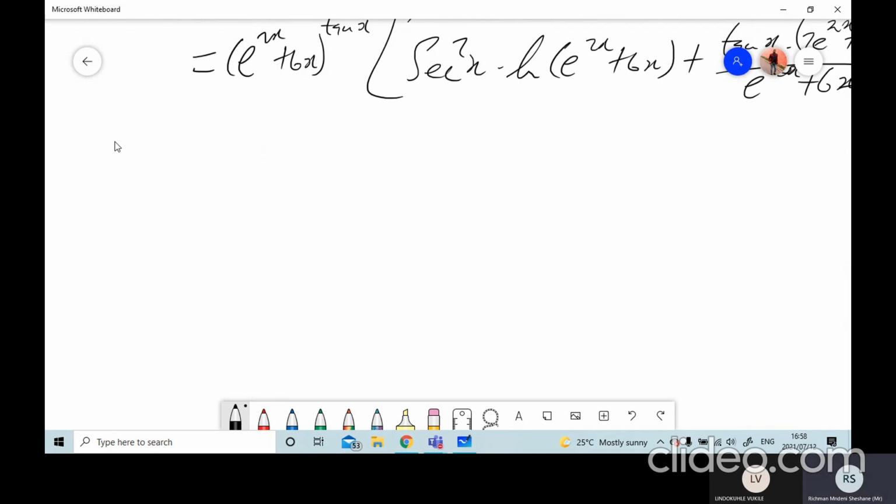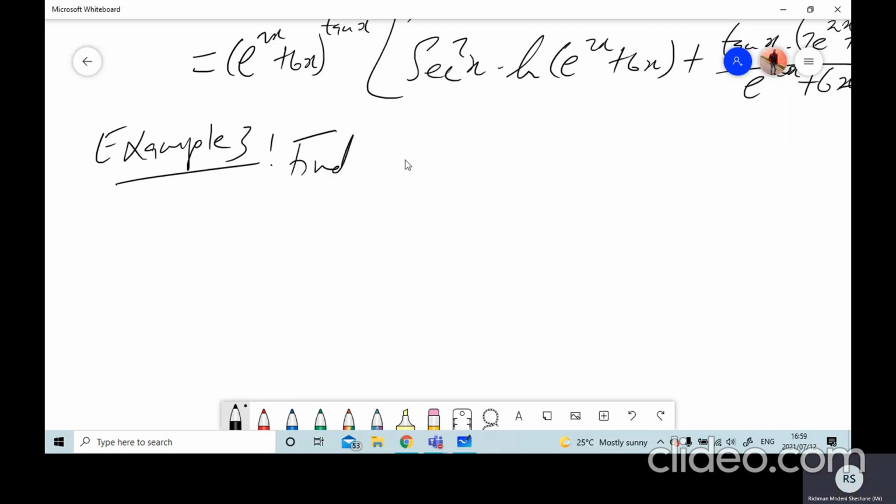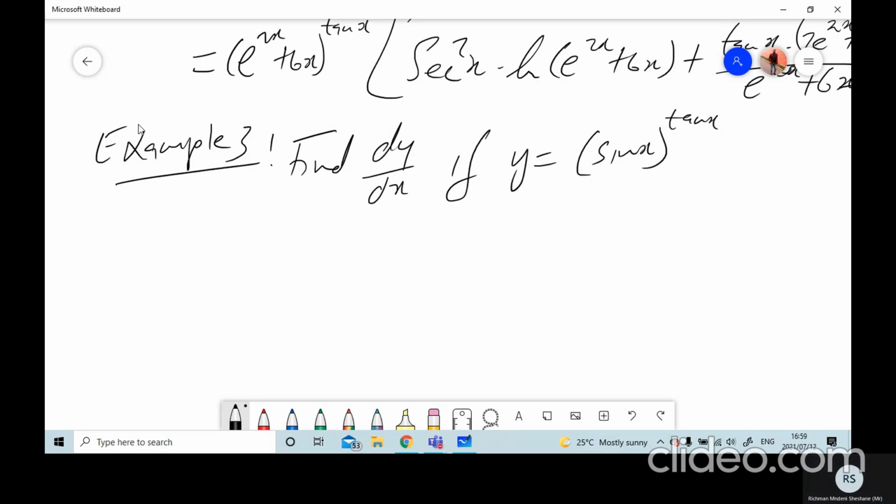And the third example here, let's say we want to find dy dx if my y now is sine x to the power of tan x.